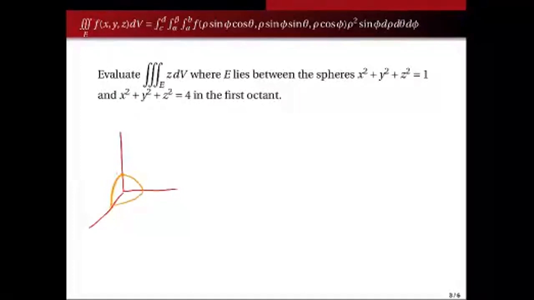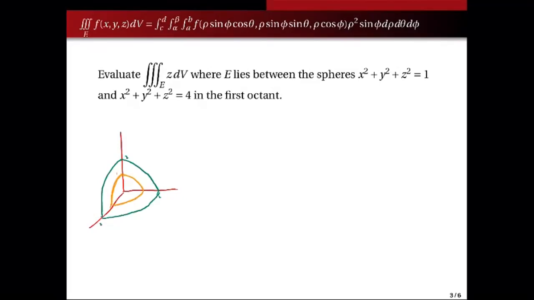And then for the one with radius 2, say this is 2, this is 2, this is 2 here. So this is the portion of that sphere. So we want the solid in between these two portions of spheres.